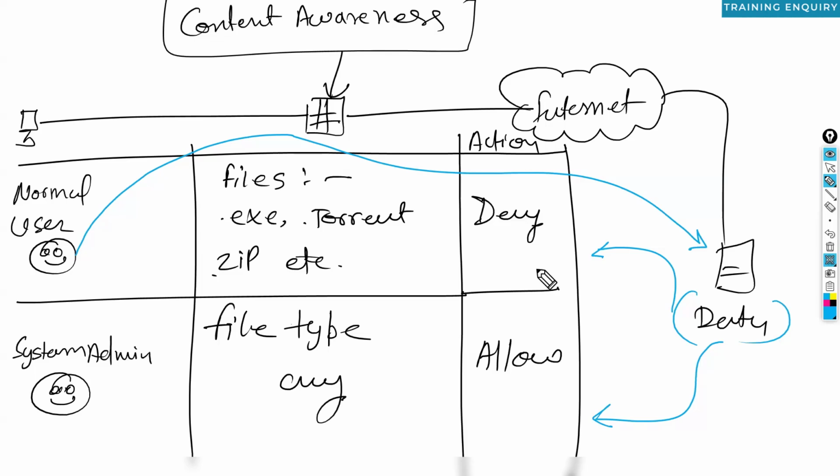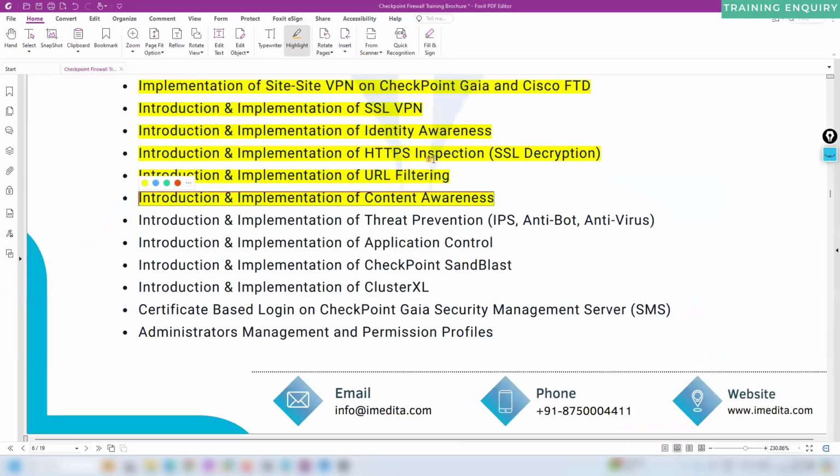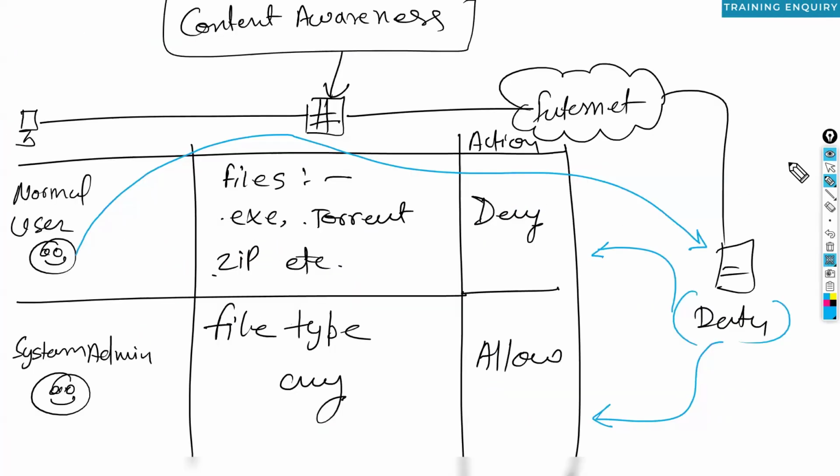But remember, if you have not enabled HTTPS inspection and you have deployed content awareness, this will only work for plain text, or only for HTTP websites.